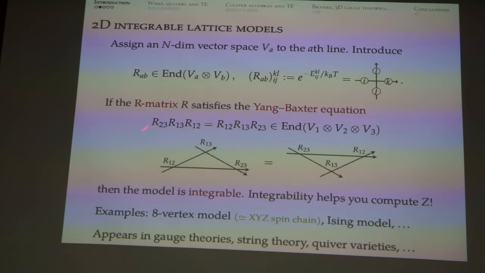Examples of such models for which the R matrix satisfies the Yang-Baxter equation are the 8-vertex model, which is actually equivalent to the one-dimensional XYZ spin chain quantum mechanical system, or the two-dimensional Ising model is another example. Well, there are many more. But not only in this original context of statistical mechanics, the Yang-Baxter equation also appears in gauge theories, especially supersymmetric gauge theories, and string theory.